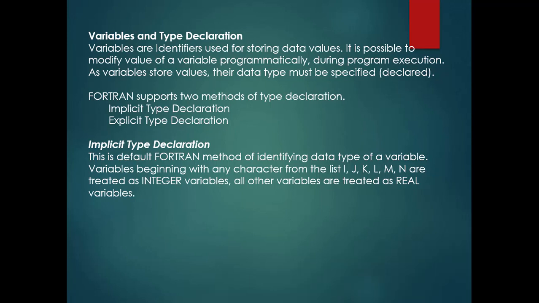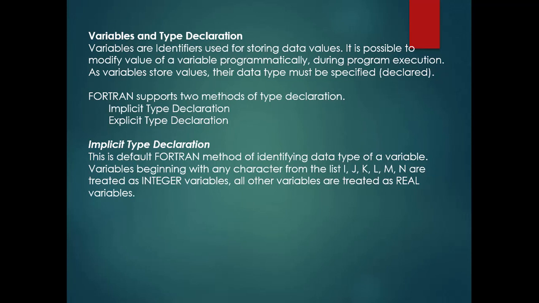So what are the two different types of declaration? Whenever we want to declare data types, we can declare with the help of implicit type declaration or explicit type declaration. So what does implicit type declaration mean?